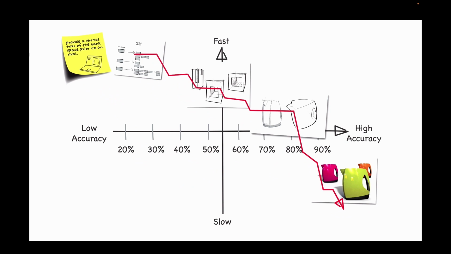You need to sketch fast because you need to get a lot of ideas out. You don't want to fall in love with any of them. But as you start to dial things in, it gets slower and slower as the accuracy increases. So at the upper left-hand corner, you're at the lowest fidelity, but it's also the fastest. And as you move along that spectrum, it just starts to drop.